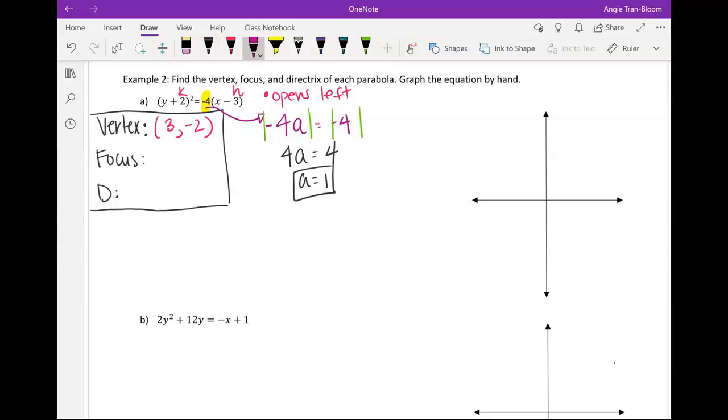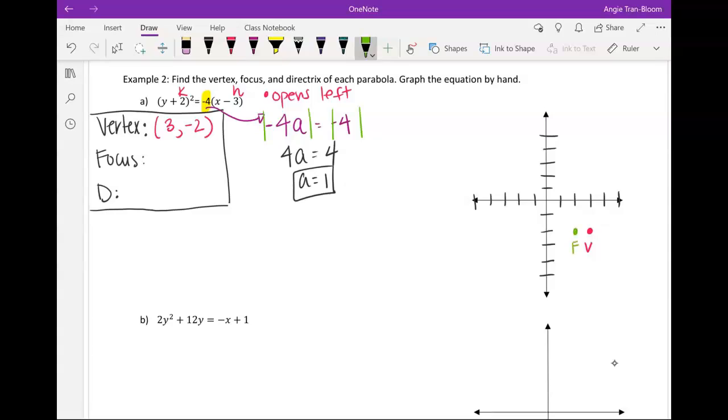So best thing for us to do right now is plot it out. Let me make some grids. 1, 2, 3, 4, 5. 1, 2, 3, 4, 5. Vertex is at 3, -2. So 3, down 2, label it V. We know that it opened to the left, so the focus is going to be over here.